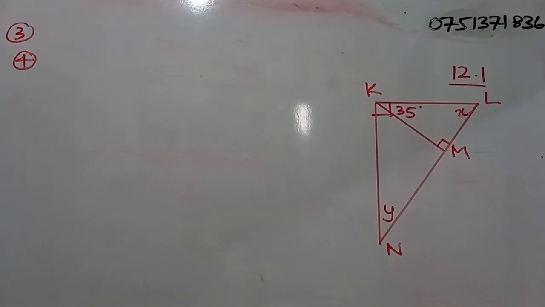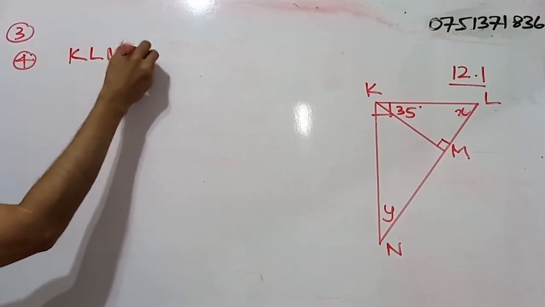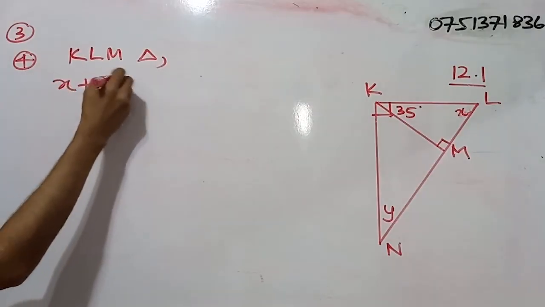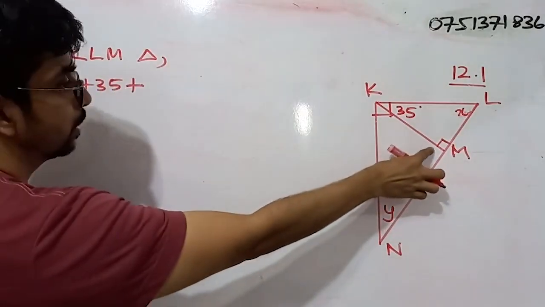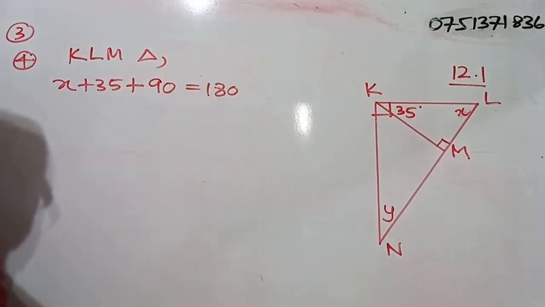Right, so part 4. We need to calculate simple x and simple y. We will take the KLM triangle. So x plus 35 plus, what is this? 90 degrees. That is equal to what? 180. What is the reason?